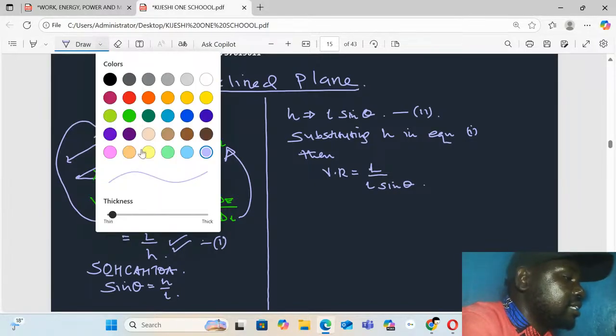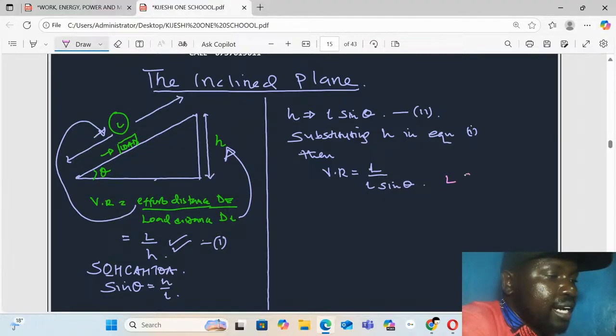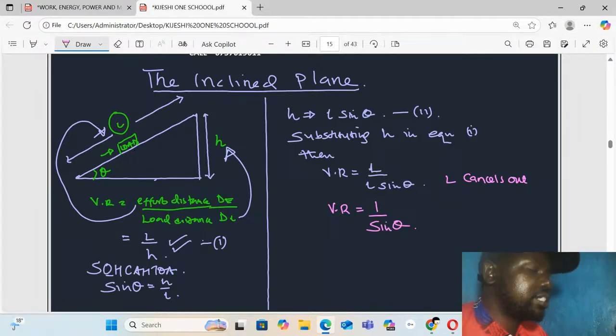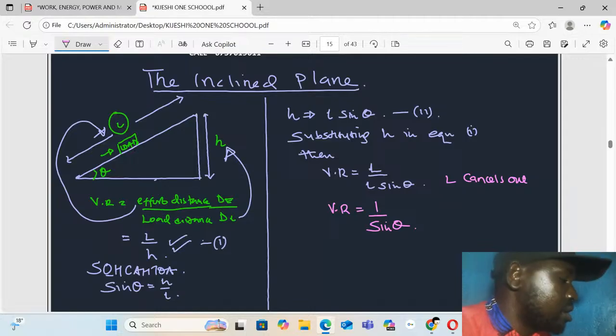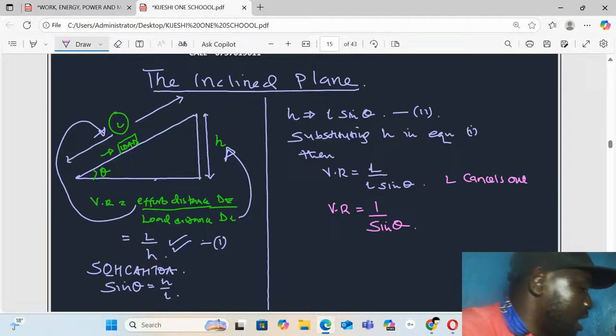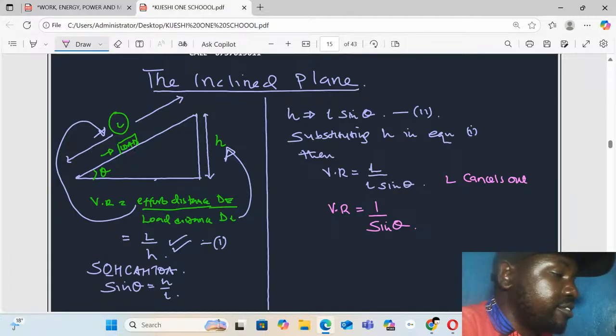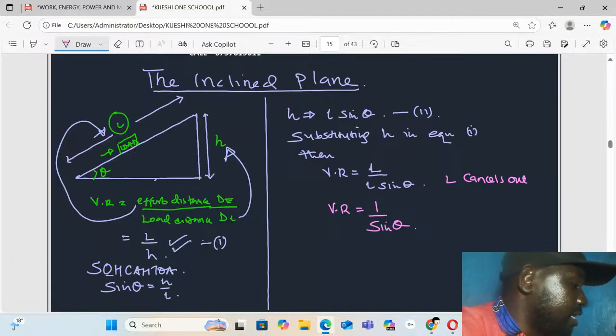The L cancels out, and we are left with VR being the same as 1 over sin theta. So instead of going through a very long process, we can say our VR is given by 1 over sin theta.